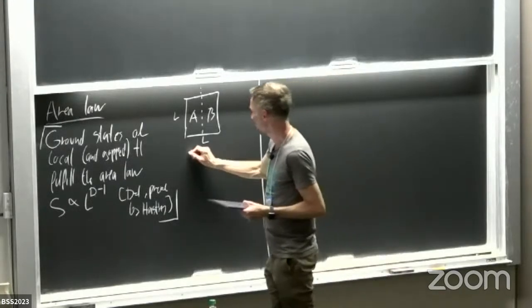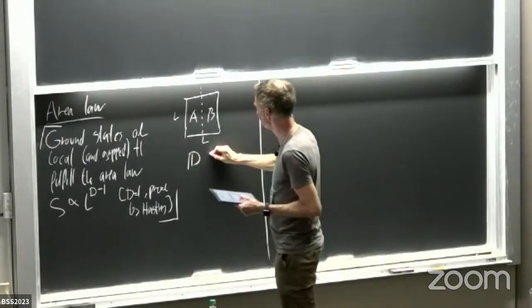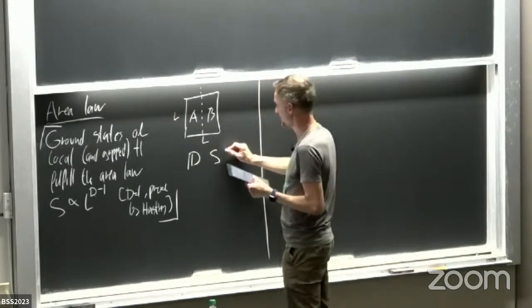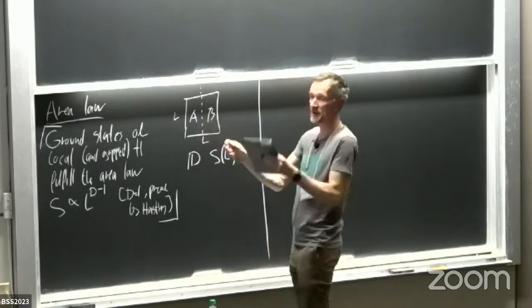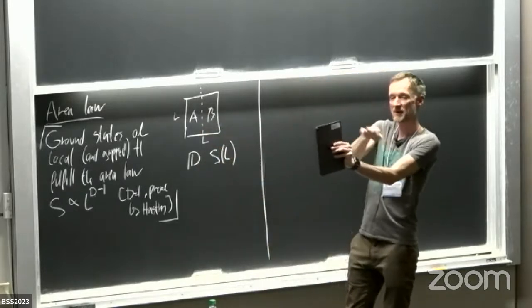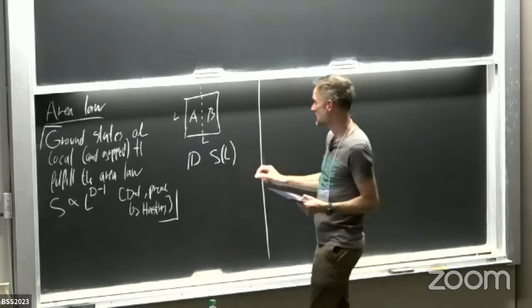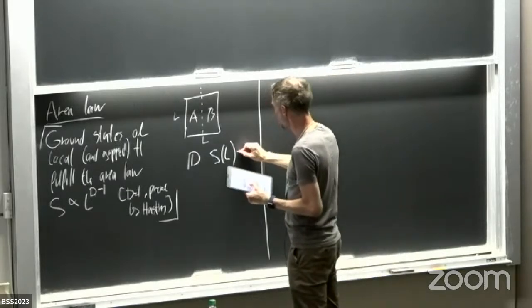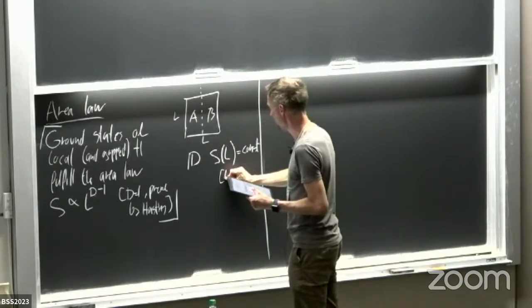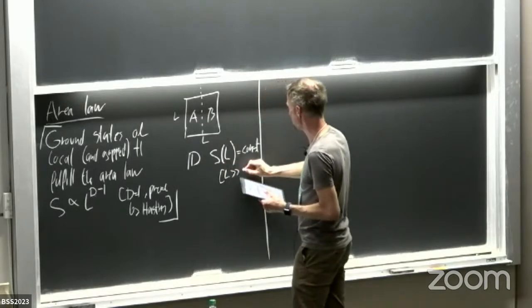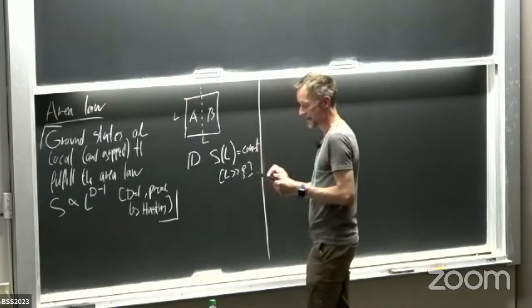For the special case of one dimension, it means that S of L is now exactly the entanglement I get as I'm cutting my one-dimensional system into two equal halves, and this is equal to a constant, assuming that L is larger than the correlation length in my system.